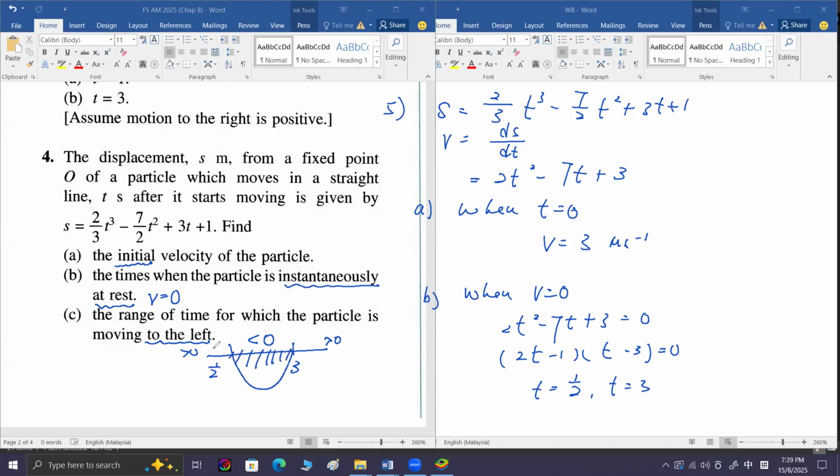I factorized already, so t lies between 1/2 and 3. Take note, t lies between 1/2 and 3.